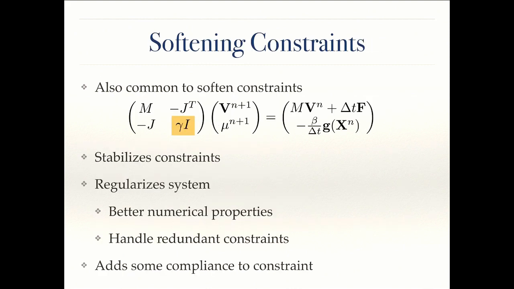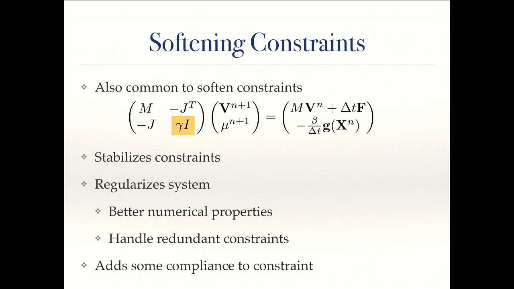Another thing that people noticed in practice was that this system behaved better if instead of a 0 here, they added some small non-zero parameter in this position right here. And what they noticed is that tended to soften the constraints. And we can also add stabilization in this formulation.